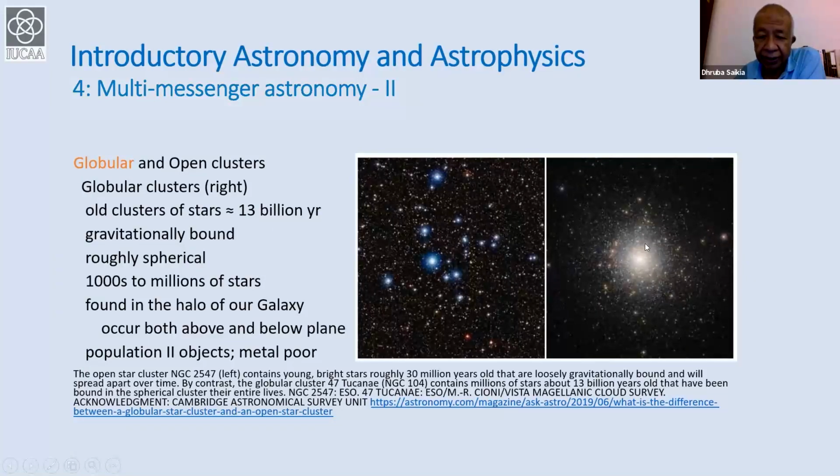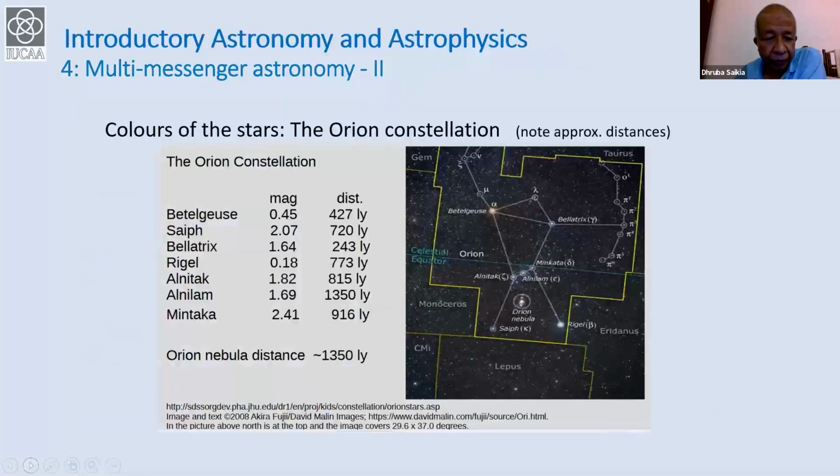So this is just a slight aside to introduce you to open and globular clusters, which cover an important rung in our distance measurements, and we move on right now. To again reinforce what I said earlier.